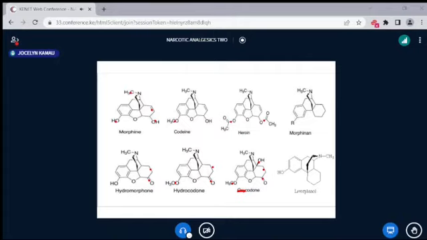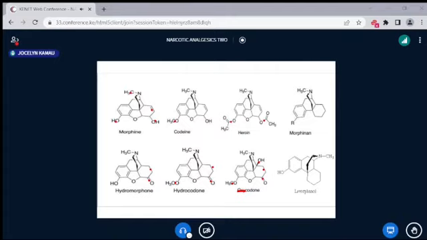So I hope now it's getting a bit clearer. I hope it is, because they are just definite structural features that differentiate a morphine from a codeine, from a heroin. I mean, there are definite structural features for a hydromorphone, a hydrocodone, and oxycodone. They are very specific, and you must know them because you should be able to draw any of the derivatives of morphine, any of the morphine analogs.